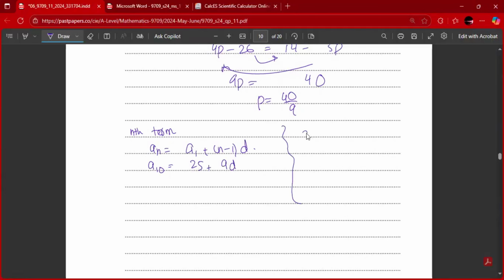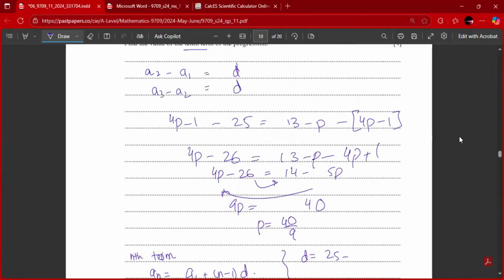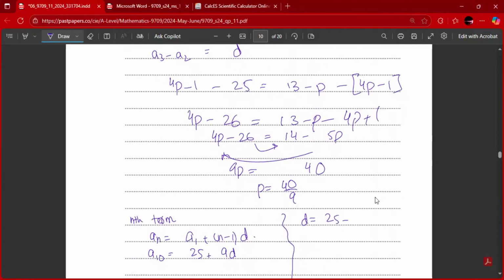We can find d because d was equal to 25 minus (4p minus 1) minus 1. Putting the value of p in here, d is equal to, okay, let's just go there.